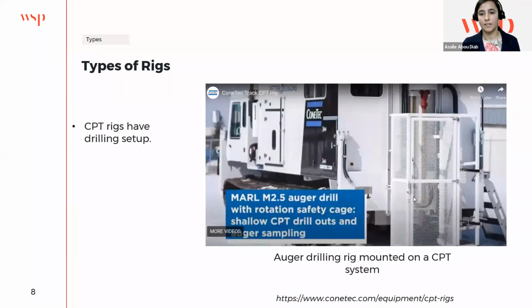CPT rigs can have a drilling setup, as we can see here, an auger drilling rig mounted on a CPT system. So the CPT can go hand in hand with the conventional methods. We don't have a much larger cost associated with mobilization and demobilization. It can work as one system.